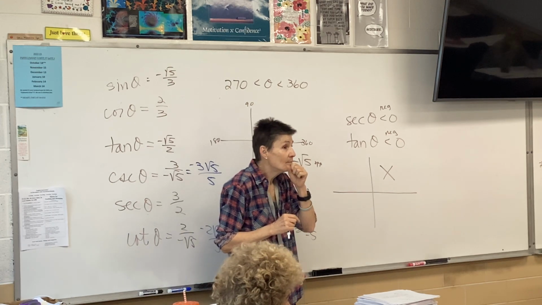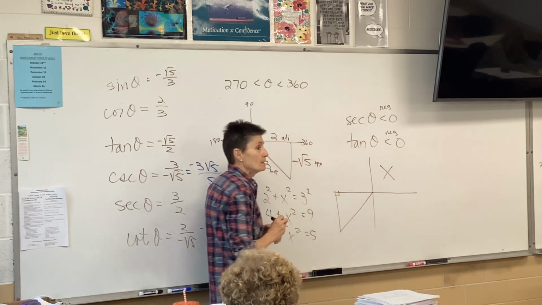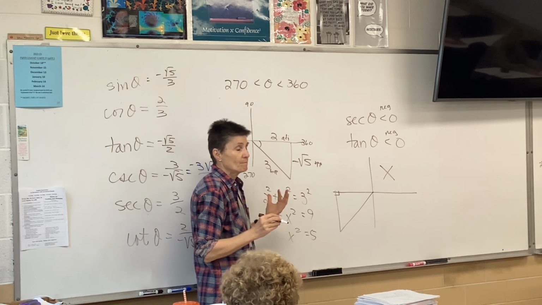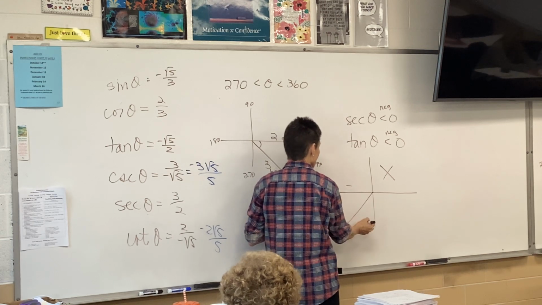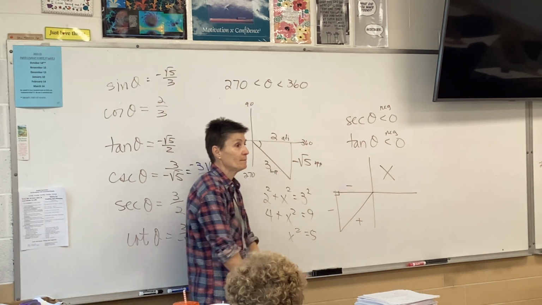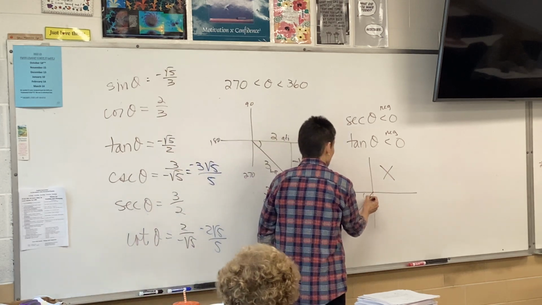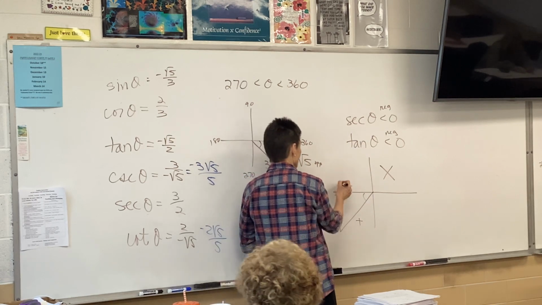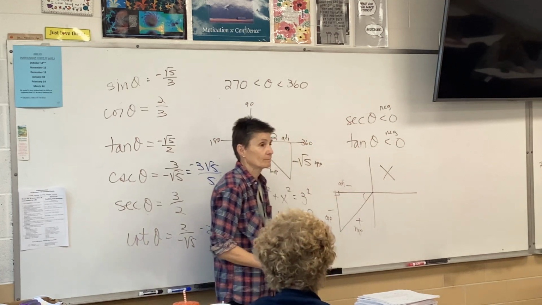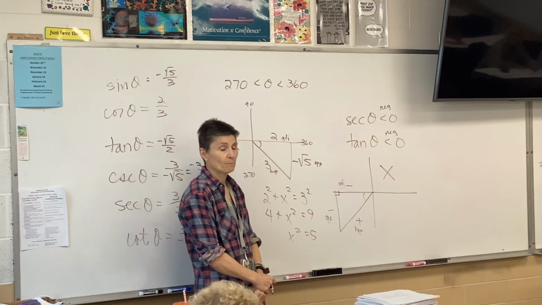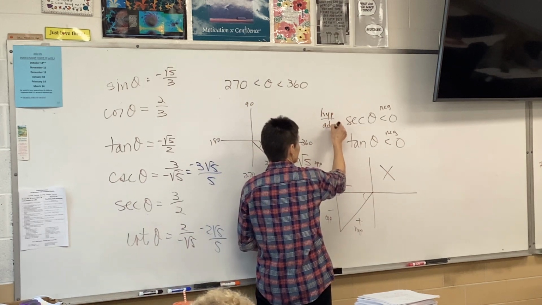Joshua? Quadrant 3? He says, let's take a look at quadrant 3. We're trial and erroring here, guys. So in quadrant 3, I know that's negative, and that's positive. Would everybody agree with me? Remember, the hypotenuse is always positive. So here's my angle. This is opposite, adjacent, hypotenuse. What is secant? Reciprocal of cosine, which means it's hypotenuse over adjacent.